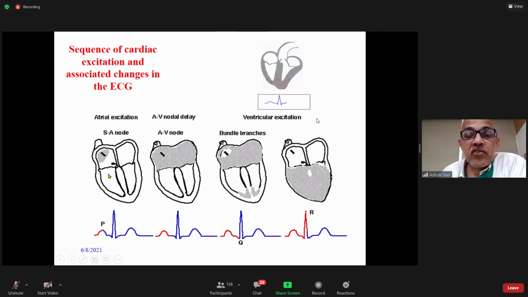As the atria get depolarized, this whole atrial depolarization gives you the P wave complex. When the ventricles are getting depolarized, there's a QRS complex. This is a T wave complex, which is for ventricular repolarization.